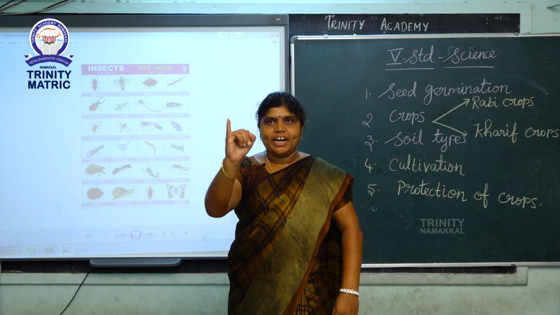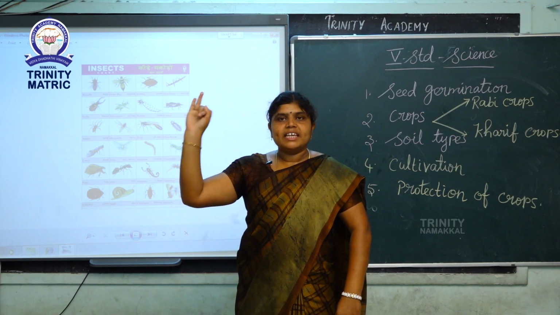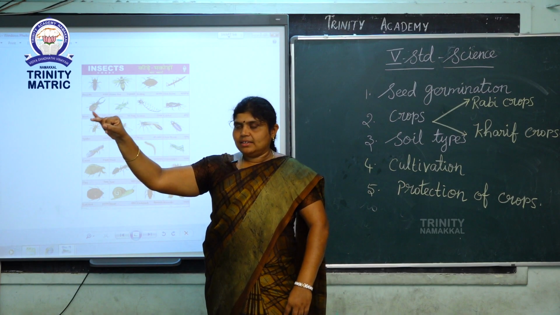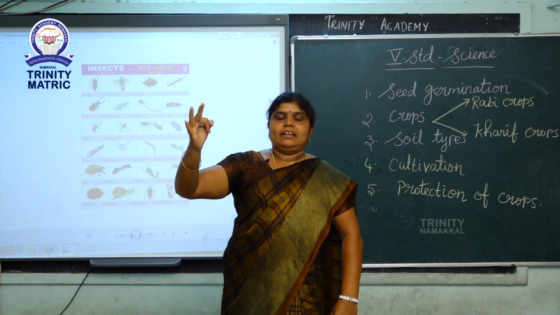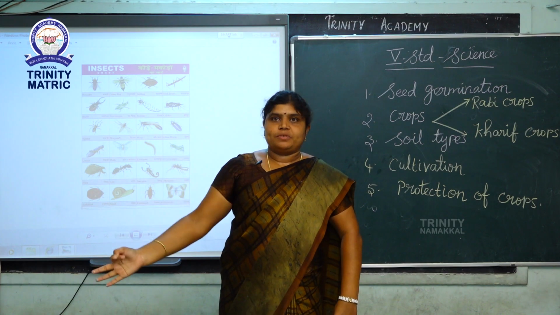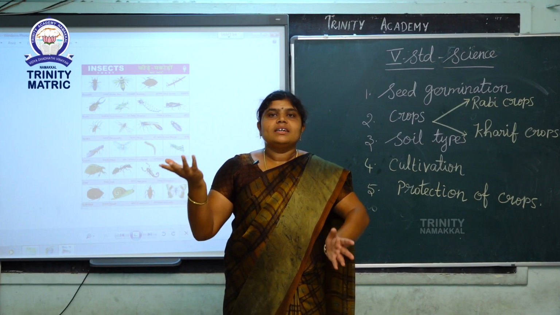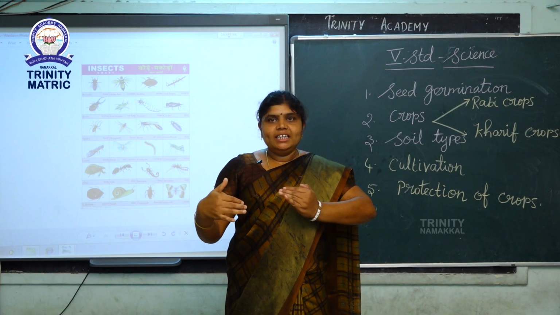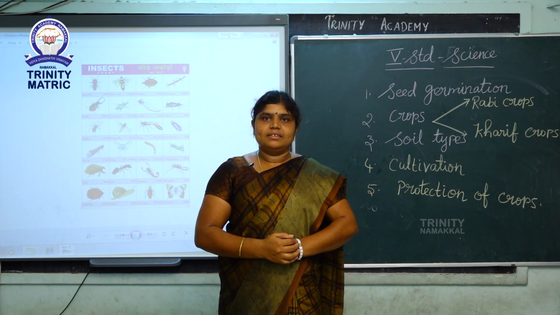First one is proper fencing. Second one is pesticides. Third one is disinfecting, that means avoiding microbes. And fourth, we are getting healthy crops. We are making good wealth in the world.